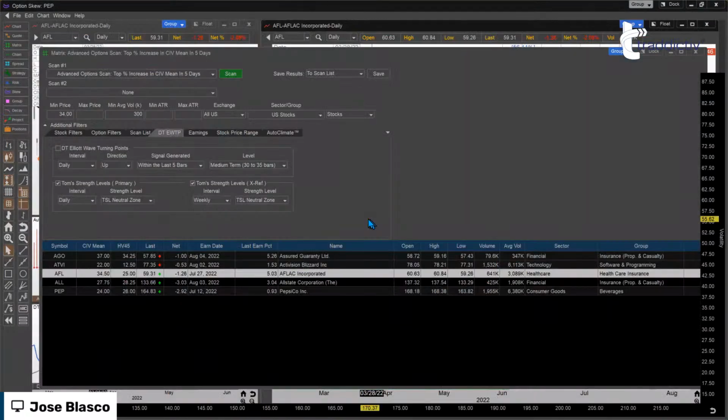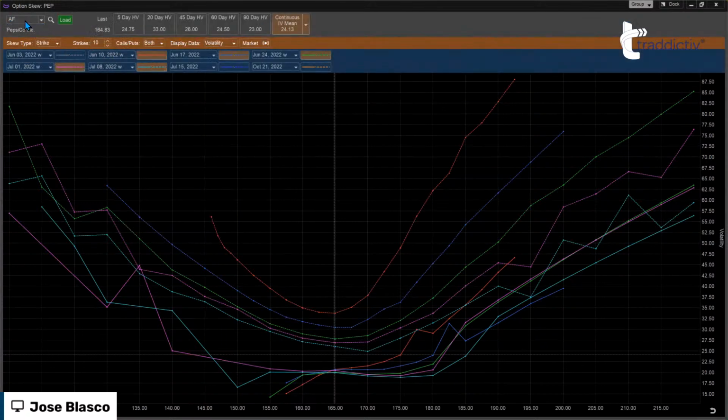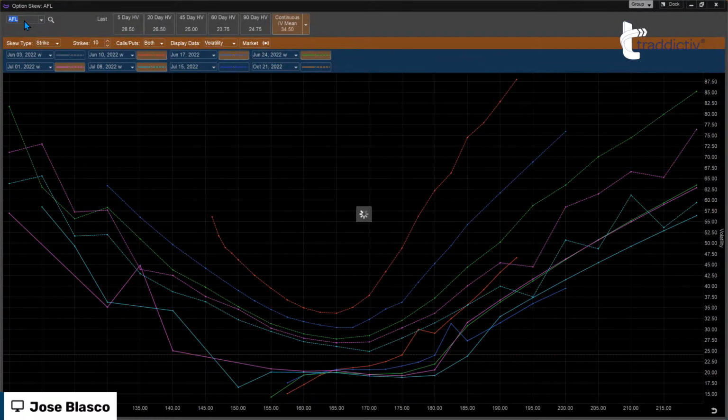So let's take a look at the skew. And let's see what we can learn. Okay, it seems it's taking a little bit of time to load.